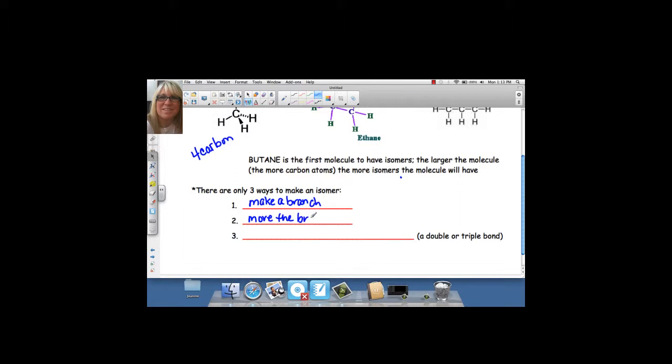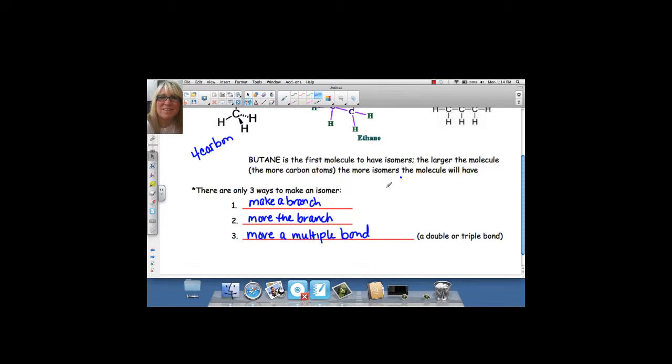And then lastly, you need to possibly move a multiple bond. Now this is only if there's a multiple bond present to begin with, meaning a double or a triple. If you're dealing with a straight chain alkane that has only single bonds, you can't add a double or triple bond to it. You have to work within the constraints of the original molecule.